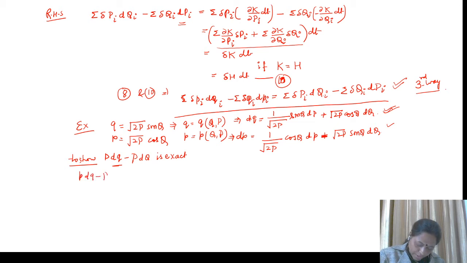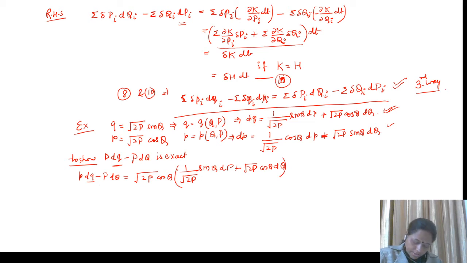p dq minus capital P dQ will be, in place of small p, I may write root 2P cos Q, and in place of dq, I may write 1 upon root 2P sine Q dP plus root 2P cos Q dQ, right? And this is minus P dQ.